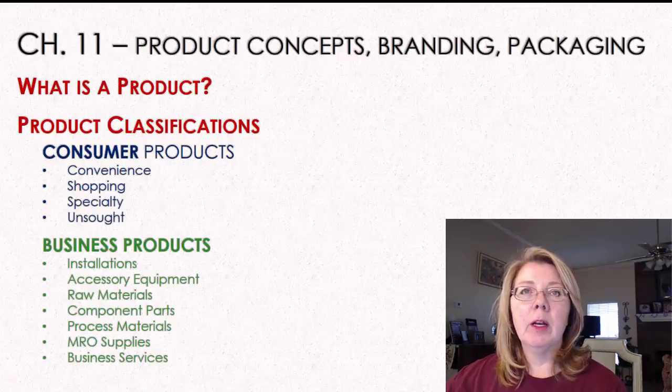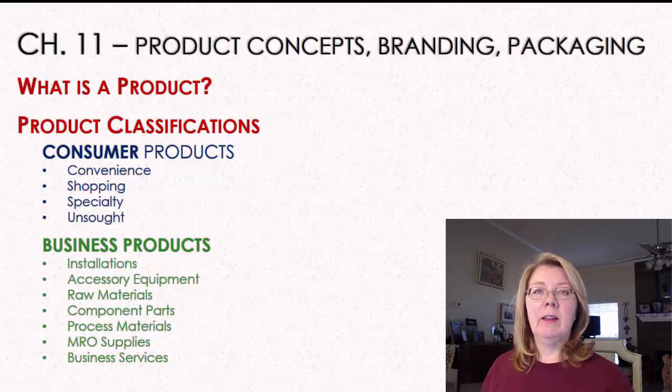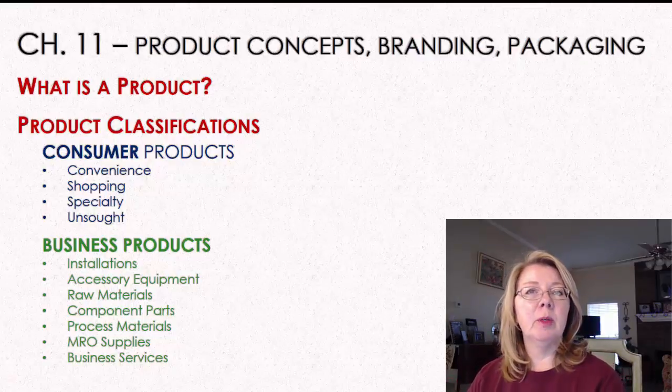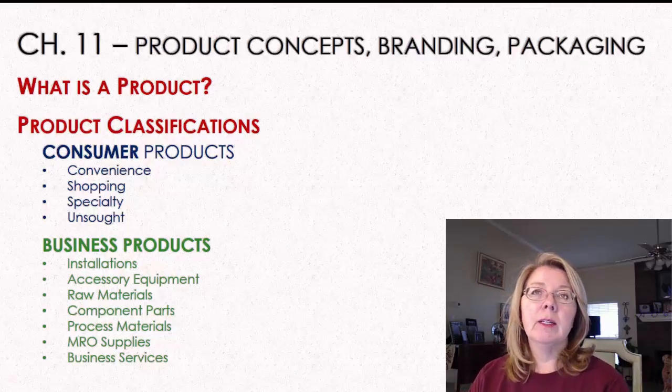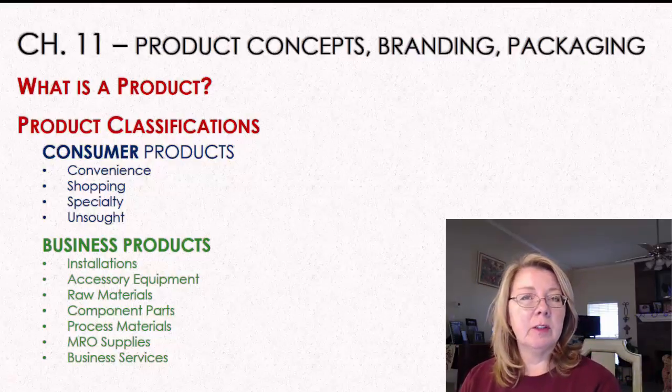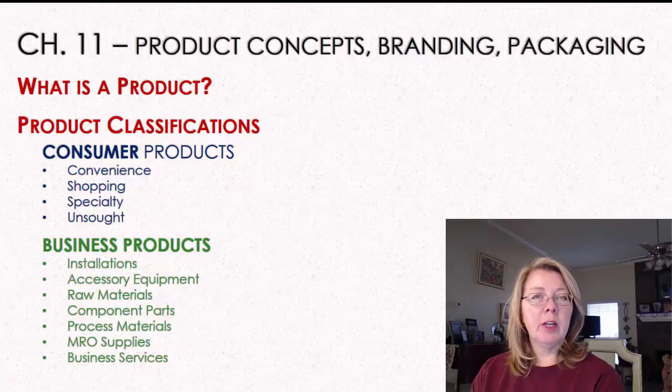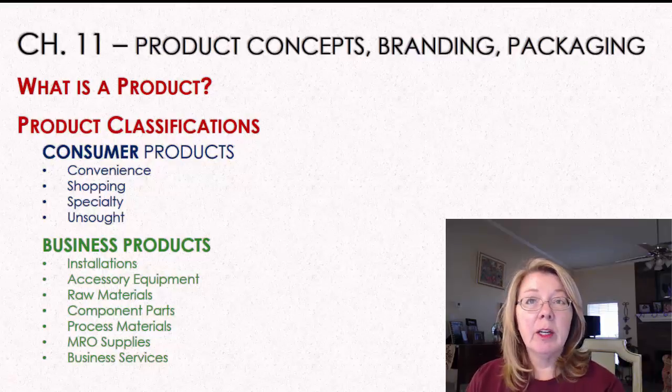Chapter 11 is all about product concepts, branding, packaging concerns. And so in order to really get into that conversation, we need to be sure we know what a product is. So a product can be a good, which is a physical item, something you can put your hands on. It could be a service, something that you're doing for a customer, like giving them a haircut.